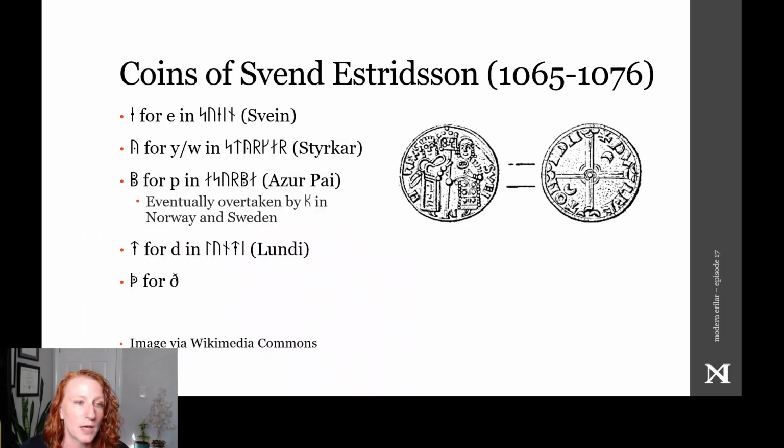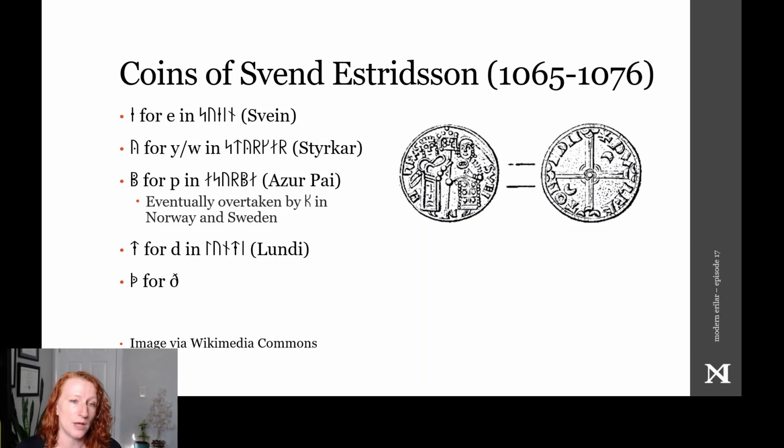In Denmark, a stung bjørko appears along with stung tyr and stung thorn on coins minted for Sven Estridsson between 1065 and 1076. These various dotted runes spread unevenly across rune-literate areas and were introduced at different times in different areas.